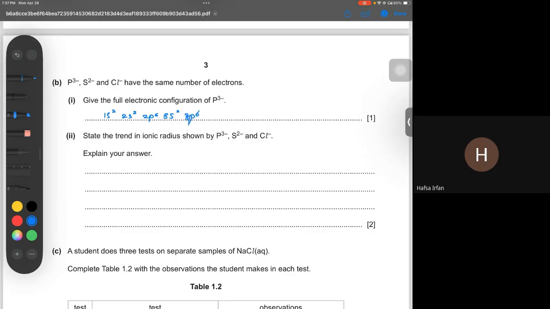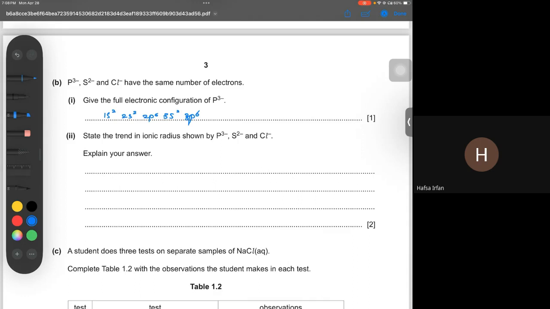State the trend in ionic radius shown by phosphide, sulfide, and chloride. Explain your answer. I would say that ionic radius is going to decrease across the period. Why is it going to decrease?